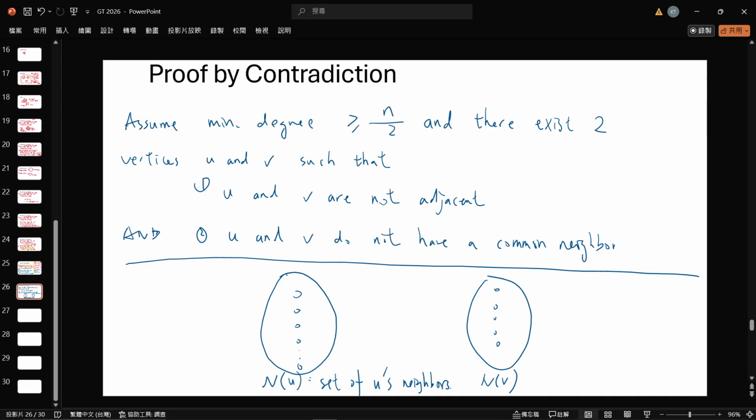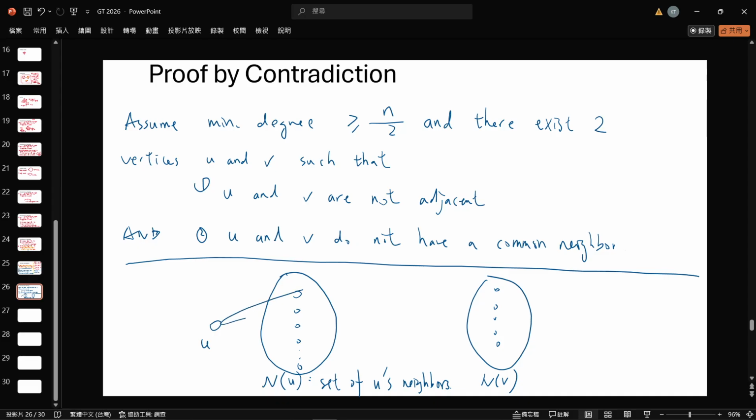So if U is in this set N of V, this means U is a neighbor of V, because every vertex in this set is a neighbor of V. So if U is in this set, then U is adjacent to V, which is impossible according to this assumption. So U cannot be in this set, which means U cannot be in any of these sets. So we can put U here.